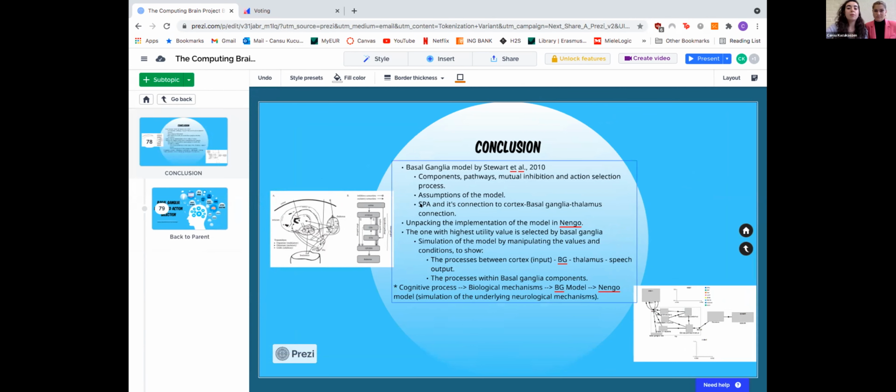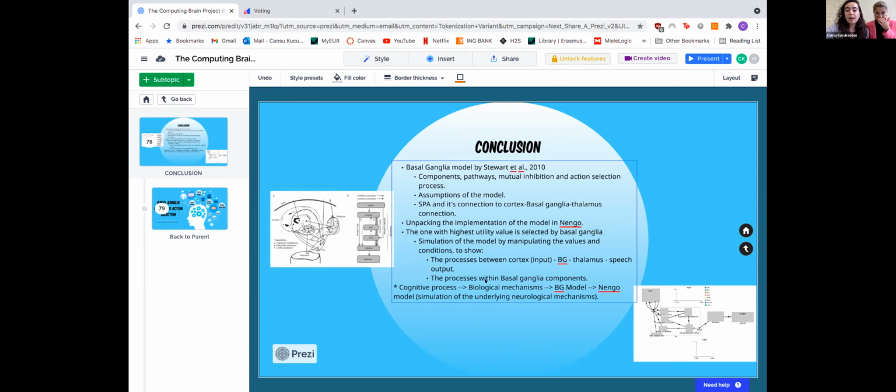Eliasmith and colleagues use the SPA architecture to do that, and they show that each concept is represented by a vector. What the basal ganglia does is look at the input vector that has the concepts perceived and look at the similarity and correlation between what it knows by the semantic pointer versus what it gets from the input: the input that I'm getting, how similar is it to what I know, the weights I encoded for the concept.